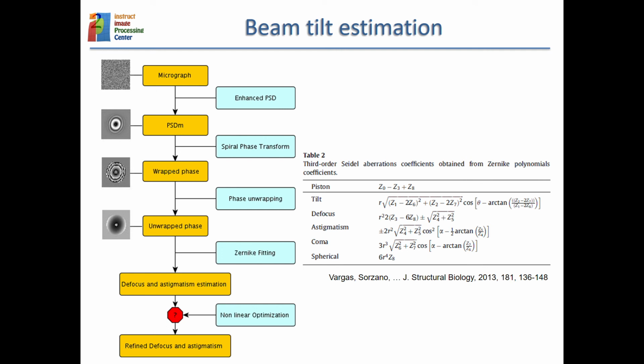And yeah, the beam tilt, this is just a slide that emphasizes that the beam tilt is one of the optical aberrations that can be estimated in the same way as you estimate defocus, astigmatism, coma, spherical aberration, or whatever.